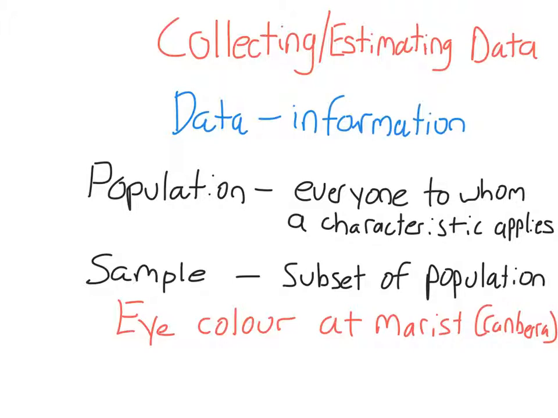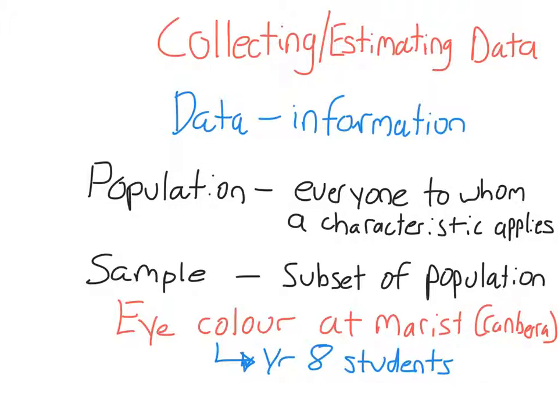So instead of asking everyone, I might ask only some students. I might choose to just ask Year 8 students. If I ask just Year 8 students what their eye colour is, I find out data as to their eye colour, and that might give me an indication of the prevalence of eye colours for all students at Marist.